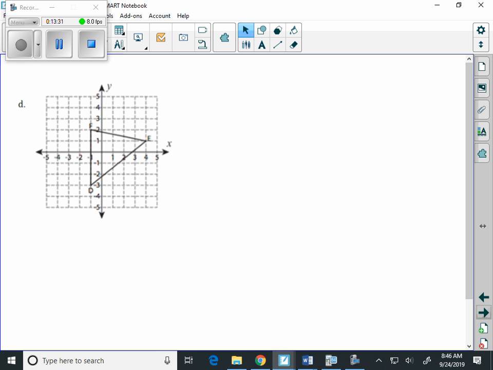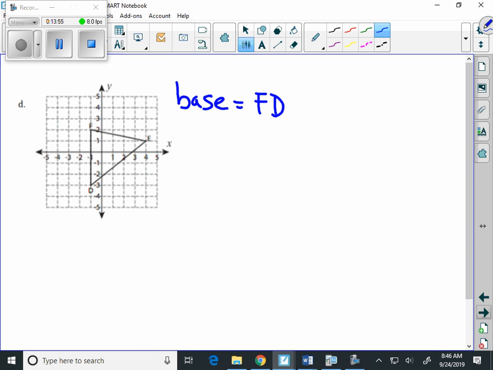Letter D. It's an acute triangle. The height is inside of there. But do you know which side is the base? Again, I know this isn't necessarily brand new to you, but the base in this particular triangle is segment FD.